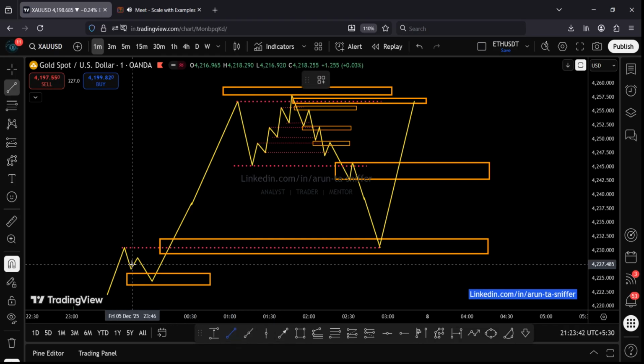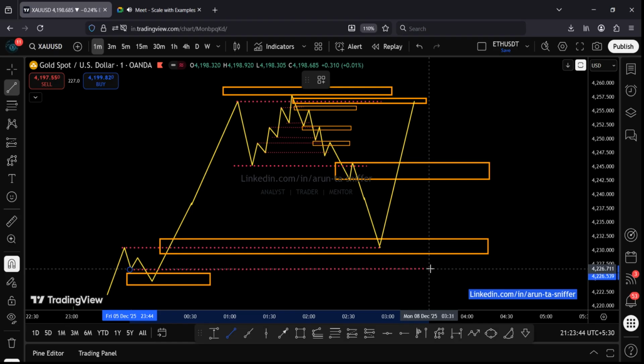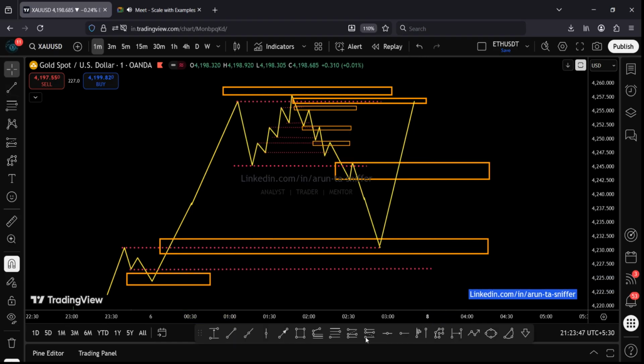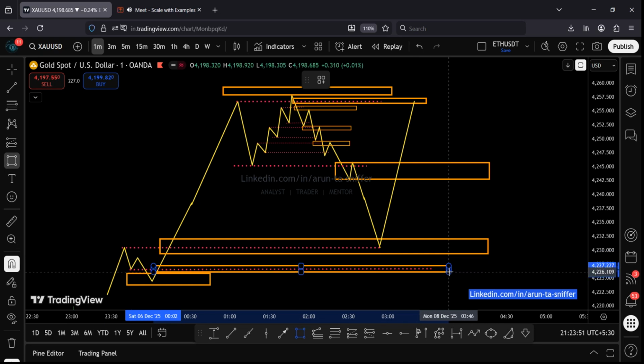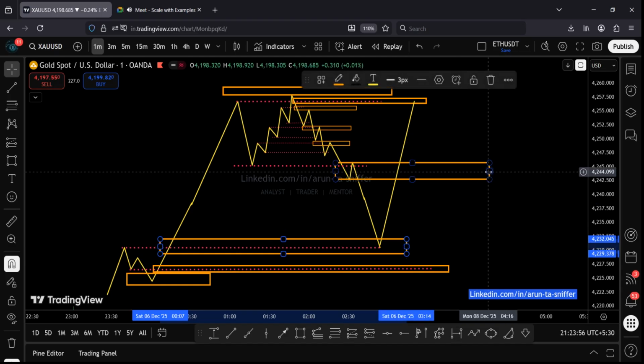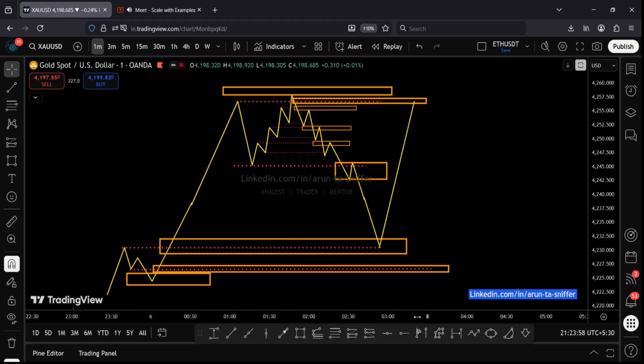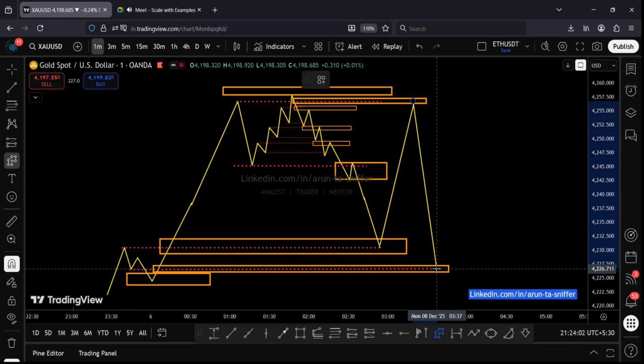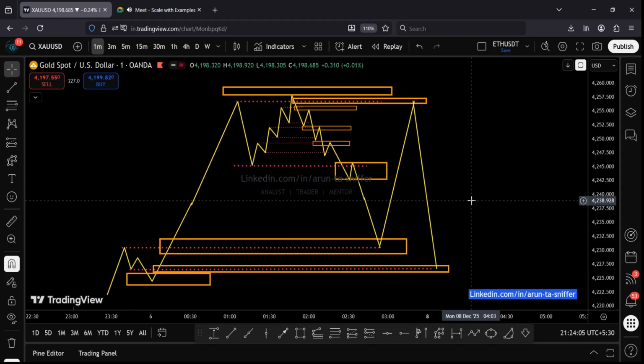Then it will come back to this QM level. And LSK is here. And then price will come back to this QM level. This is scale. This we call scale. Scale decides the entry and target both.